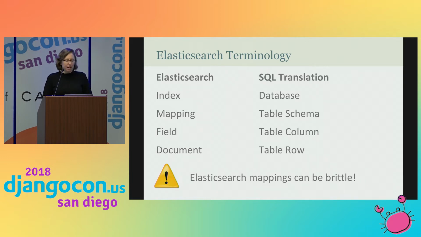So for example, in Elasticsearch, an index is kind of like a database, and you define mappings which act like a schema to define your data. Fields are kind of like columns, and because Elasticsearch is document-based, that resembles a row. But unlike SQL, Elasticsearch mappings are brittle.